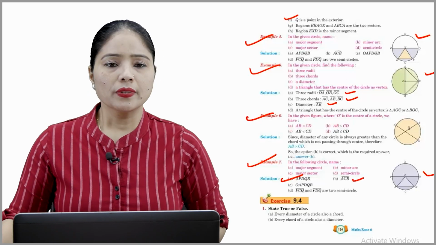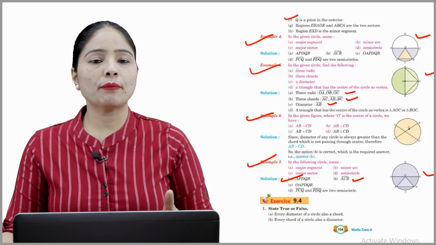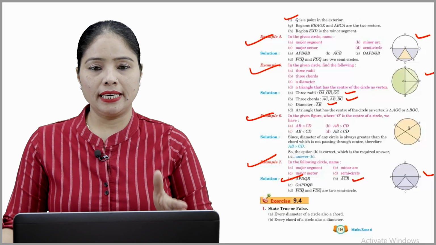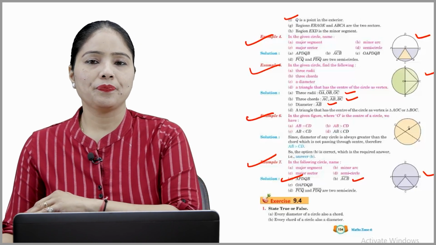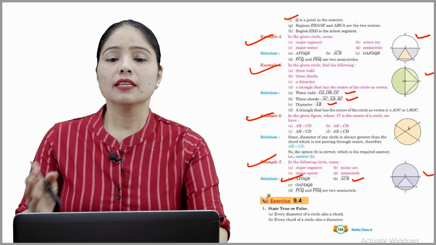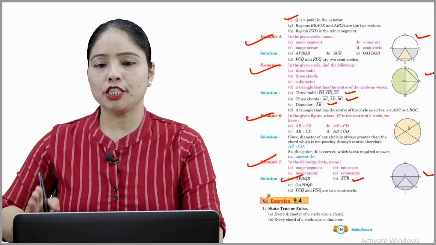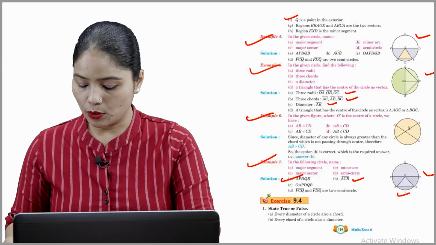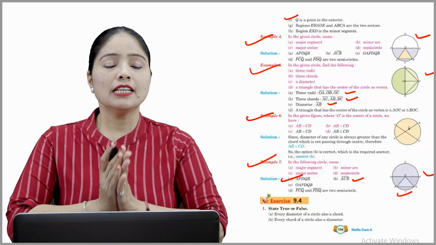Major sector is O, A, P, D, Q and B. And semicircle: P, C, Q and P, D, Q are the 2 semicircles. Okay, I hope you understood well.